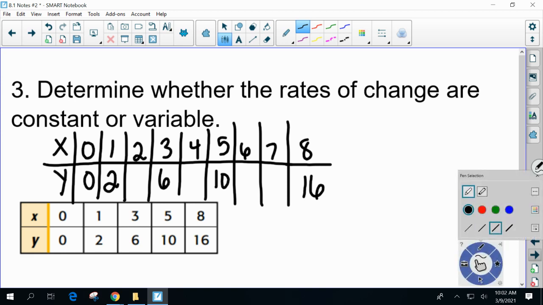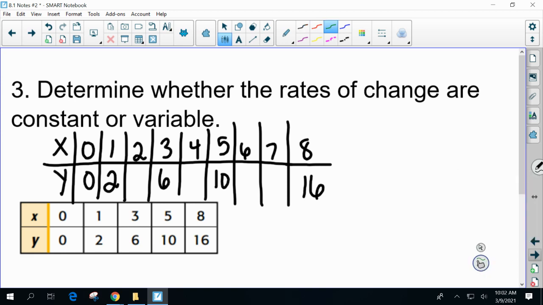Okay, it's adding 2, so it's going up by 2s. So this would be 4, 8, 12, and 14. All right, so adding 2, so is this constant or variable?